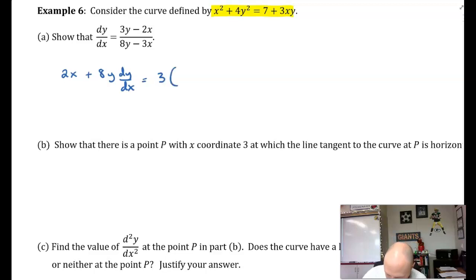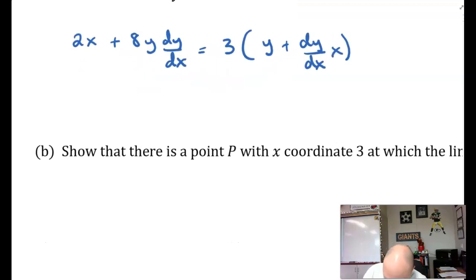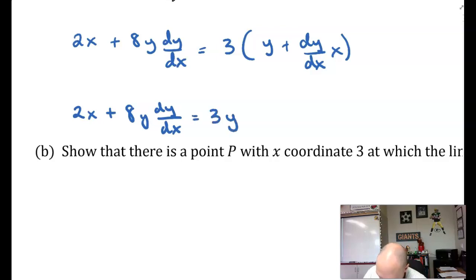So I have 1 times y plus the derivative of y, dy/dx, times x. I'll distribute this. So 2x plus 8y dy/dx is equal to 3y plus 3x dy/dx.